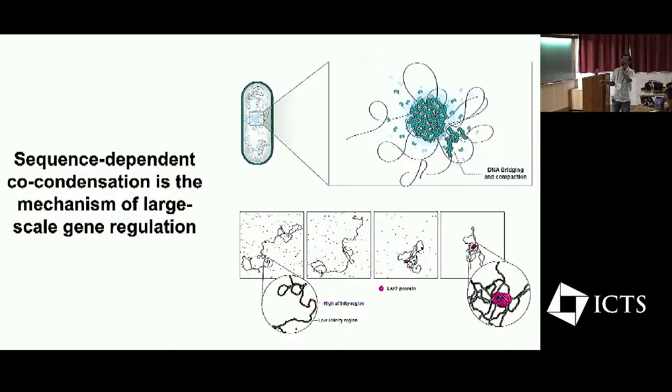We are looking at how protein-protein interactions and protein-DNA interactions together will facilitate such a phase-separated co-condensation by physical simulation, so he will talk about that. But this is a snapshot of a similar approach. A similar thing could emerge when you have high affinity and low affinity regions in the DNA. That probably will explain how it can compact the genome. Also, it can regulate a large number of genes.